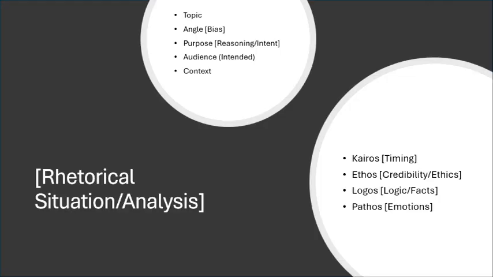Kairos means timing. What this means is the timeliness of when this article came out. An example I like to use in all of my classes when talking about this, recently especially, is if you read an article about vaccines now versus an article about vaccines in the 1990s, those are two very different worlds.